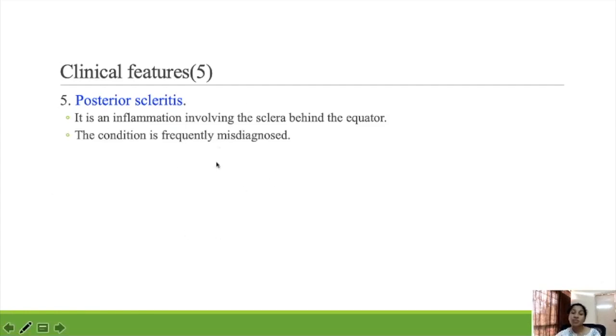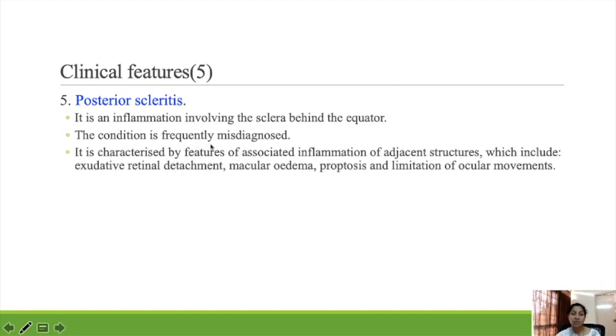The condition is frequently misdiagnosed. There is a chance of misdiagnosis because it is characterized by features of associated inflammation of adjacent structures, which include exudative retinal detachment, that is, detachment of the retina from the underlying structure; macular edema, that is, edema in the macular region; proptosis, which means bulging out of the eye; and limitation of ocular movements.